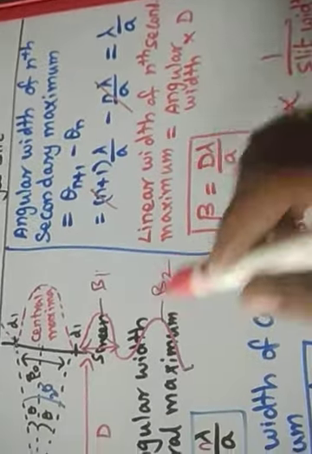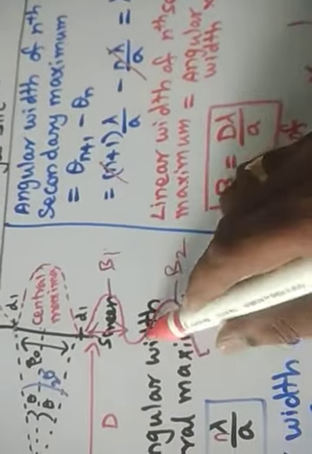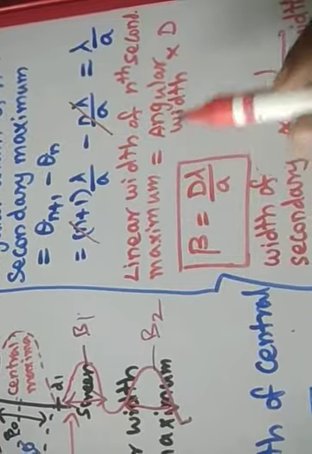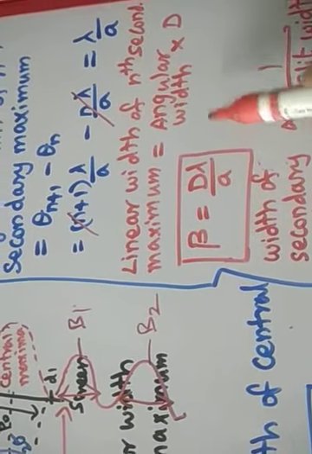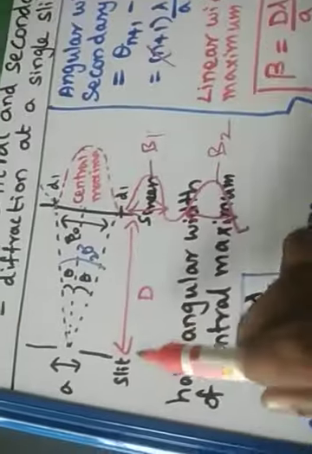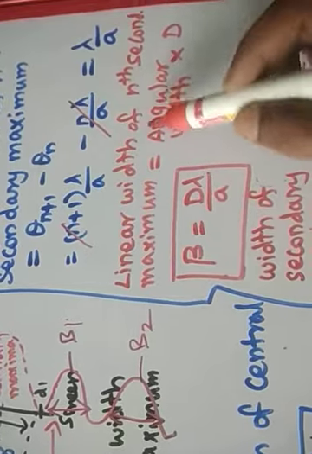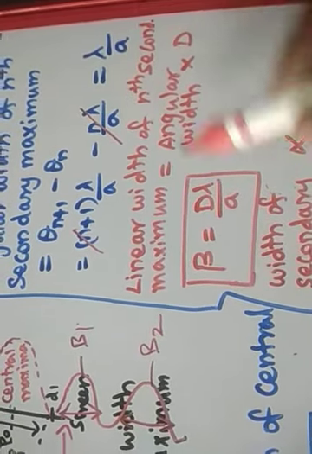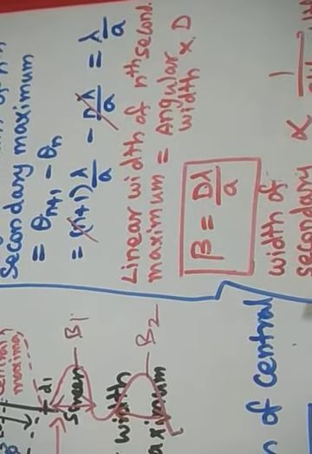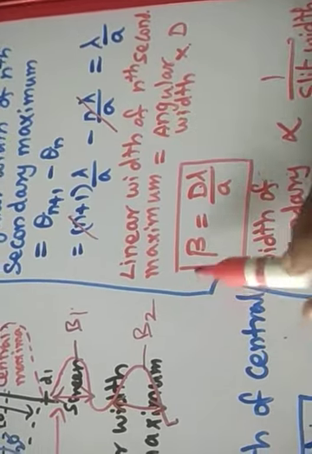So this length is the linear width of the nth secondary maximum. It is the angular width times the distance d between the slit and the screen. That is, beta, the linear width, is equal to the angular width lambda by a times the screen distance d.